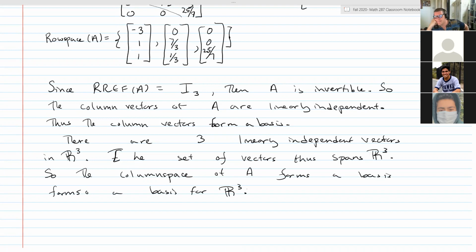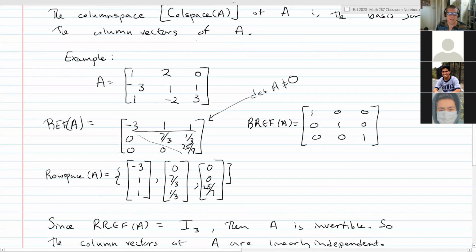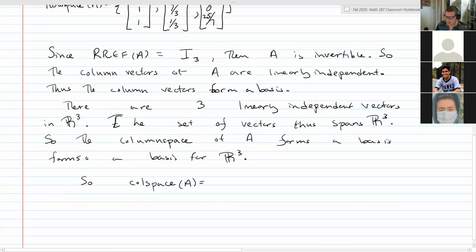So the column space of A equals, on the one hand, we can say the column space of A is going to equal the span of 1, -3, 1, 2, -1, 2, I've got it sitting right here in my notes, 1, -3, 1, 2, 1, -2, 0, 1, 3.